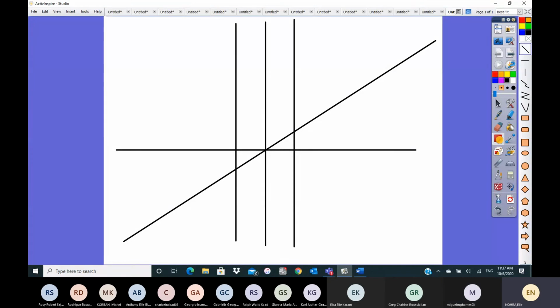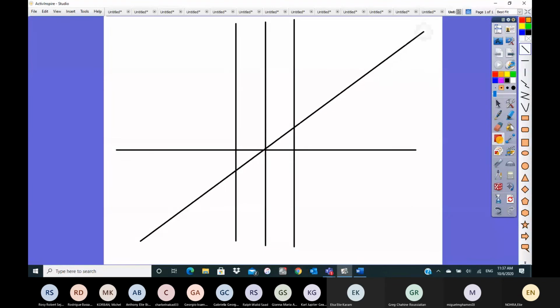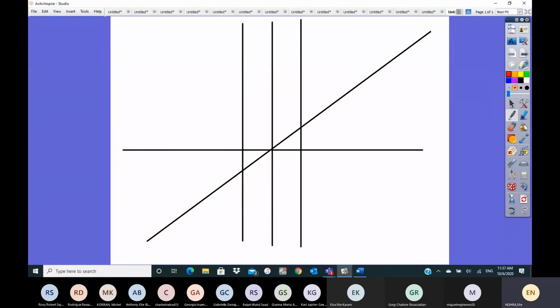So we drew the asymptotes. Yes. And this is the system.